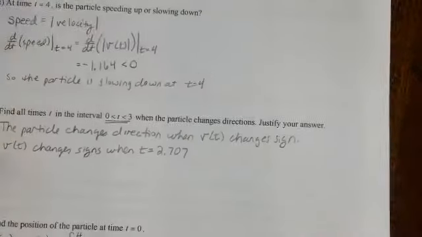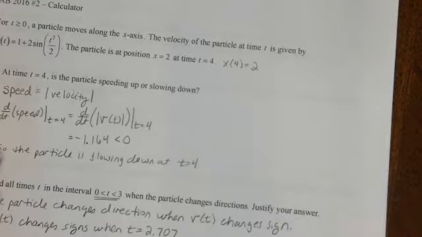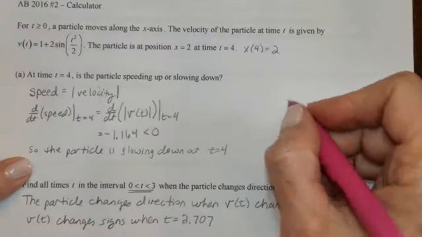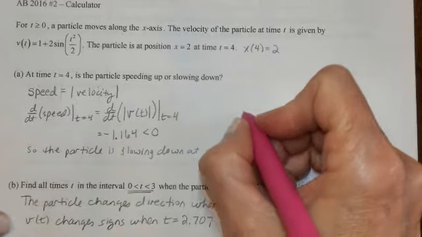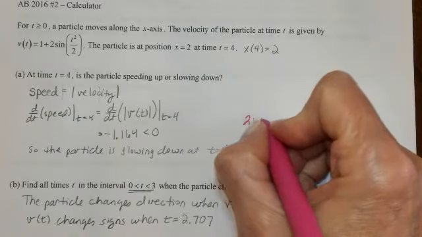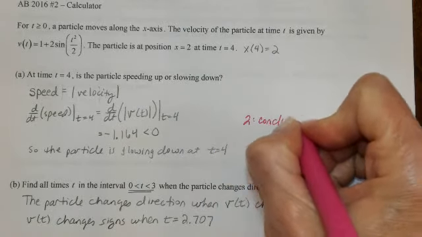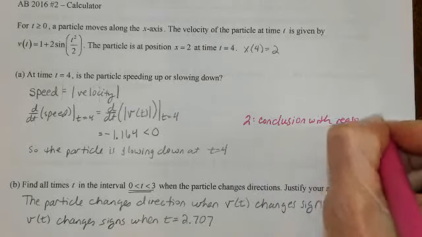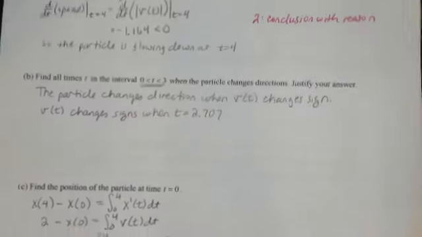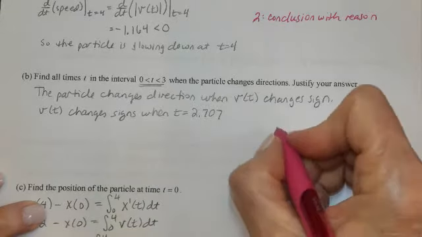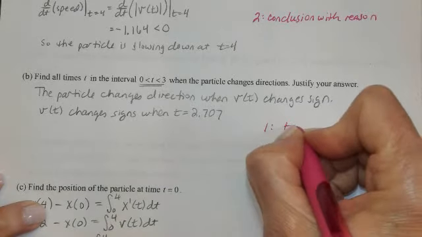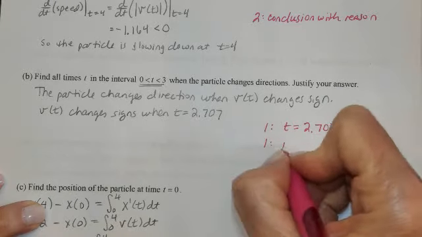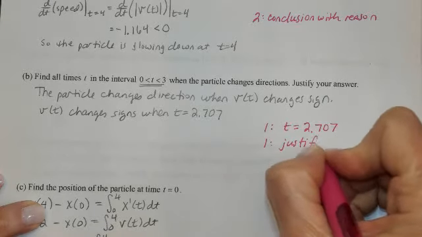Let's take a look at how this one was scored back in 2016. Part A, finding if the particle was slowing down or speeding up, 2 points for the conclusion with your reason. In Part B, they gave 1 point for time equals 2.707 and 1 point for your justification.